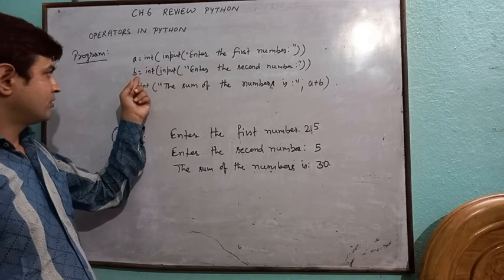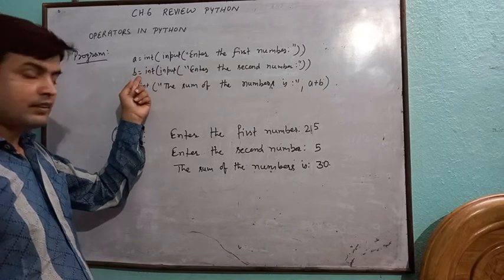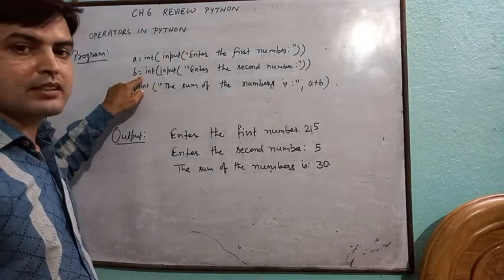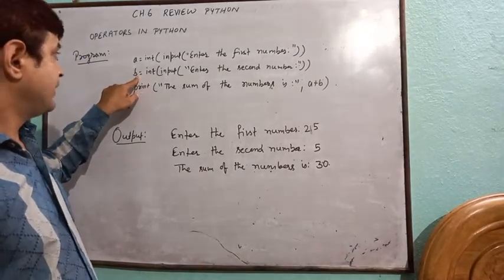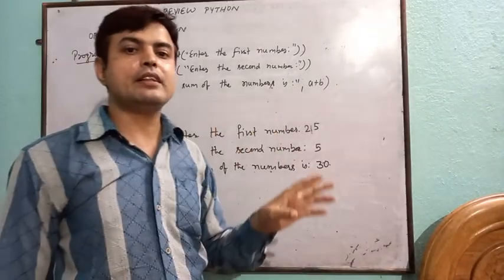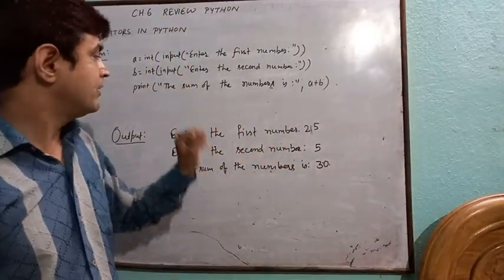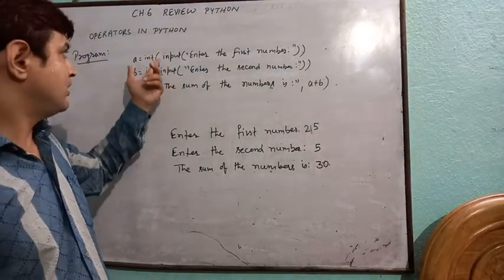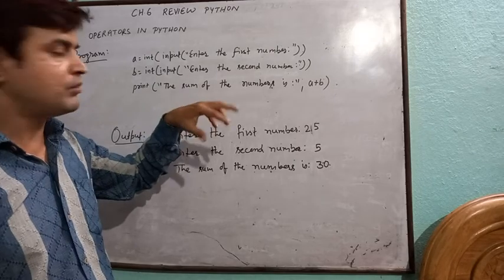And the next, b equal to, and here it is to be noticed that equal to is an assignment operator. And here again we have a variable b that will hold only integer type data. So we must enter again the integer type data. In the input function, similarly, it will also ask to enter the value during runtime.